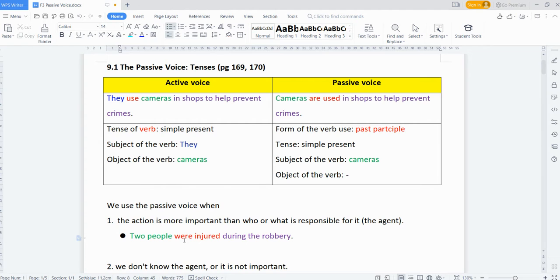Because we don't care who robbed the person, we just want to focus on the action, which is two people were injured. Kita nak tahu kejadian tu je, tak berminat pun nak tahu siapa orang yang buat tu. Two people were injured, dua orang telah tercedera semasa rompakan.